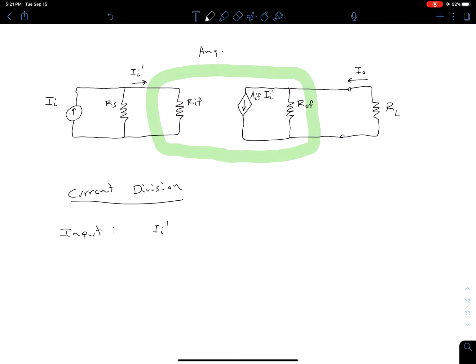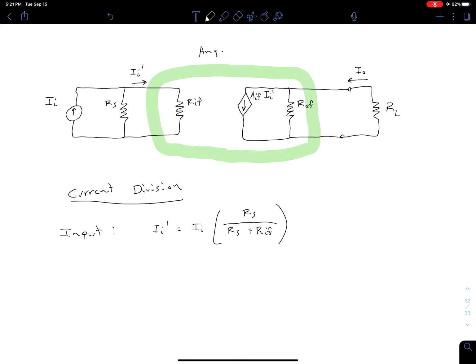Our I sub I prime is equal to the input current, I sub I, times, now we have the sum of the resistors in the denominator, so RS plus RIF, and for current division we put the opposite resistor in the numerator, so RS.